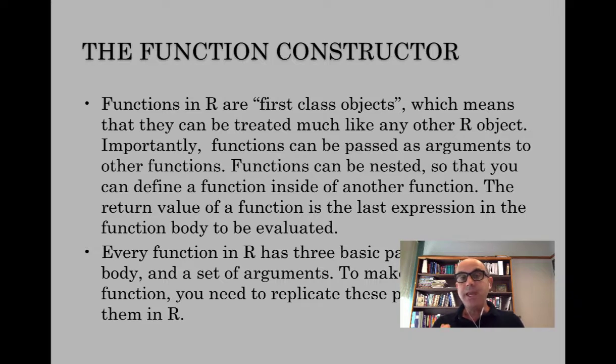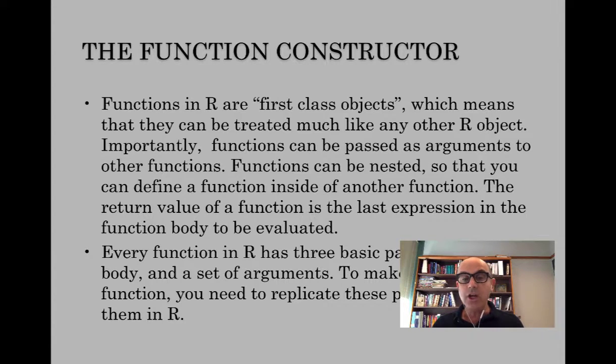Functions in R are also first class objects, which means that they are treated like any other R object, and so a function can be passed as an argument to other functions. Every function in R has 3 parts: a name, a body, and a set of arguments.